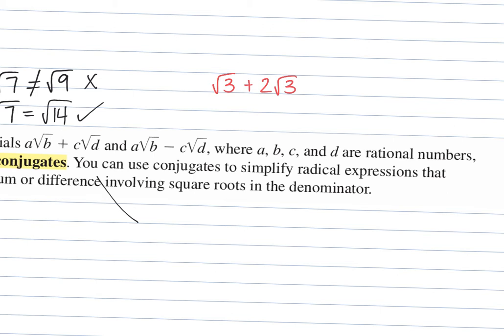We're going to treat the square root of 3 like it's an x, or a variable. If we had x plus 2x, what would we get? 3x. And if we had square root of 3 plus 2 times the square root of 3, we would get 3 times the square root of 3.